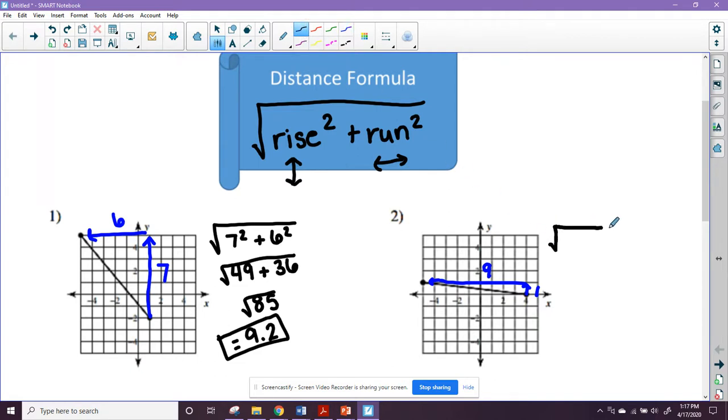Square root of rise, 1 squared, plus our run squared, so 9 squared. 1 squared is 1, plus 9 squared is 81. It's still the square root of it. So 1 plus 81 gives us 82. We have to take the square root of it. So we're going to have to use our calculator again and figure out what the square root of 82 is. And that gives us, rounded, 9.1.